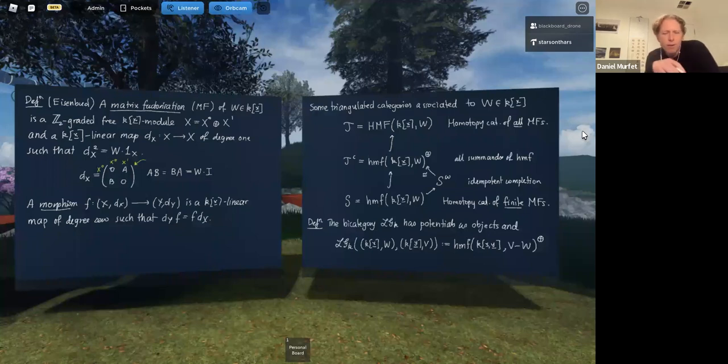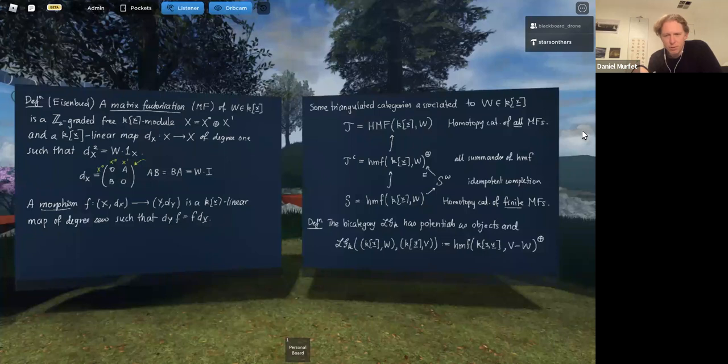Okay, so I don't have time to spend a lot of time explaining how this bicategory works, but I hope the general picture makes some sense. So the objects are, say, isolated hypersurface singularities, if you think of a potential as being such a thing. And the one morphisms between isolated hypersurface singularities are something like bimodules or correspondences or Fourier-Mukai kernels.